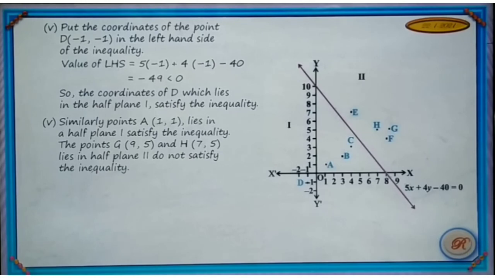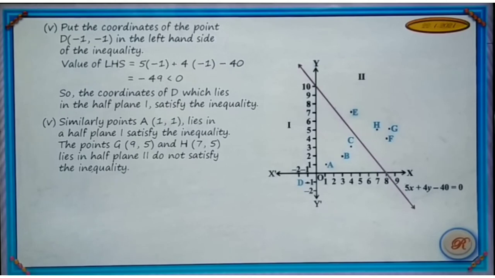Thus, all points O, A, B, C that satisfy the linear inequality 5x plus 4y minus 40 is less than 0 lie only in the half plane 1.